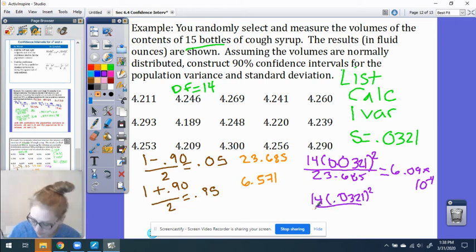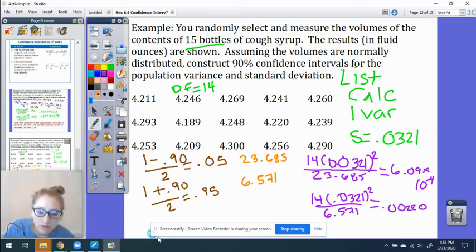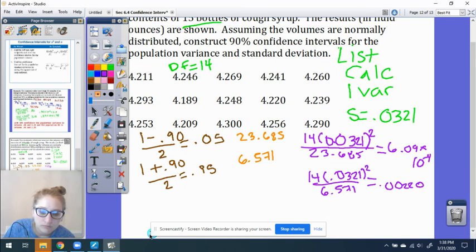So 6.571. And that is going to give me 0.00220. Okay. So, give myself a little bit more room.